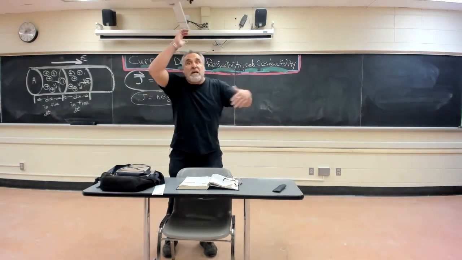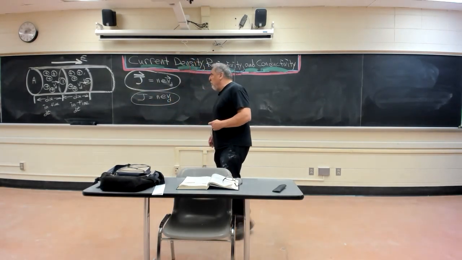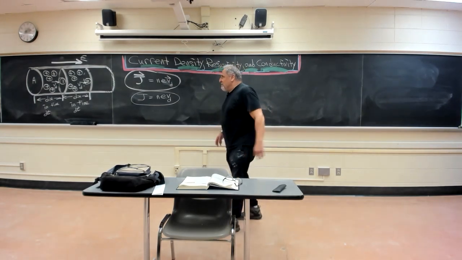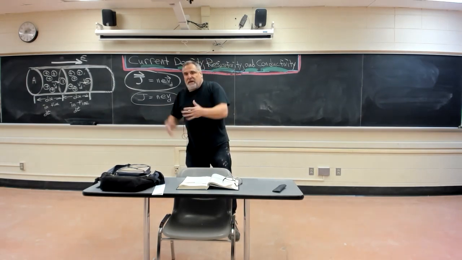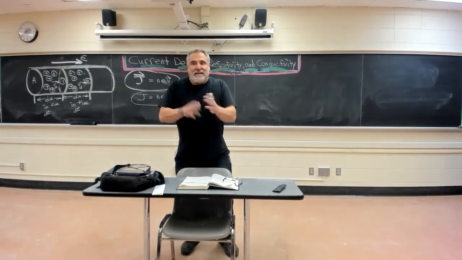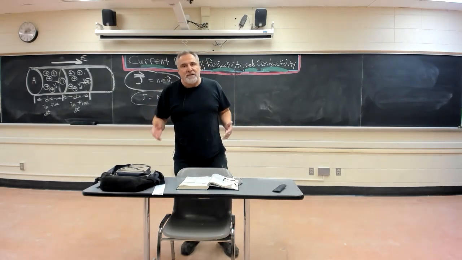Whereas randomly, while they're going slowly to the right at 0.1 millimeters per second, randomly in all directions, giving you a vector sum of 0, I guess you could say, the individual speeds on average are 1 million meters per second. But they don't add up to anything coordinated because it's all randomly all over the place.